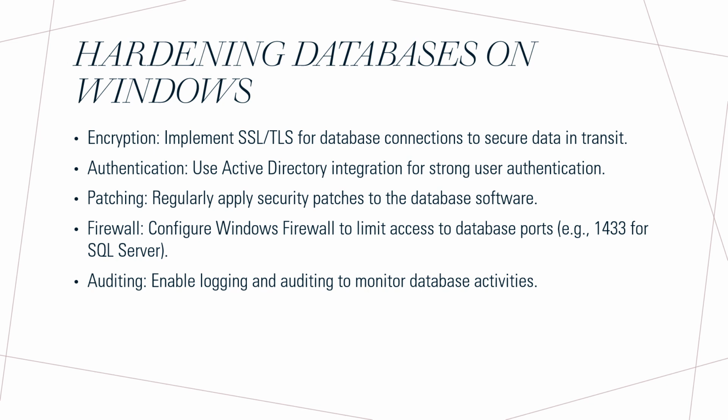Always apply the latest security patches to database software to address vulnerabilities. Configure Windows Firewall to restrict access to specific database ports like port 1433 for SQL Server, and enable auditing to monitor activities for suspicious behavior.